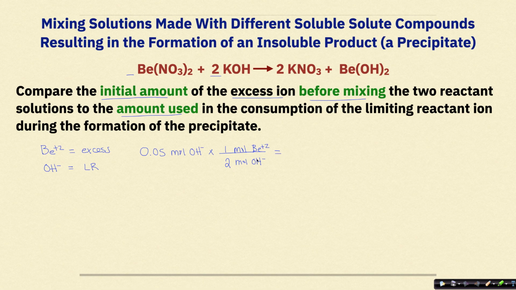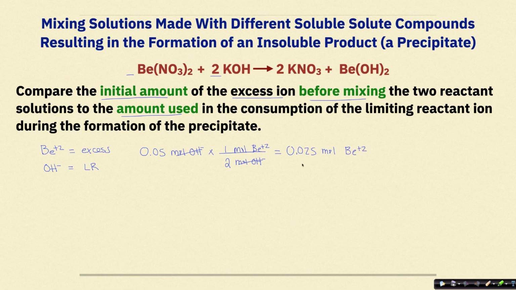Okay. So when I do this, moles of OH cancel moles of OH. So 0.05 times 1 divided by 2, and this is going to equal 0.025 moles of Be+2.